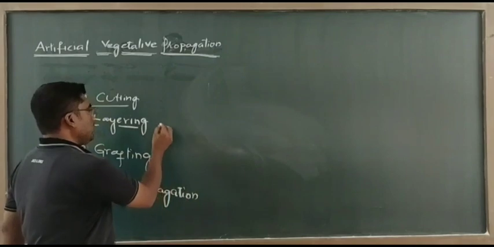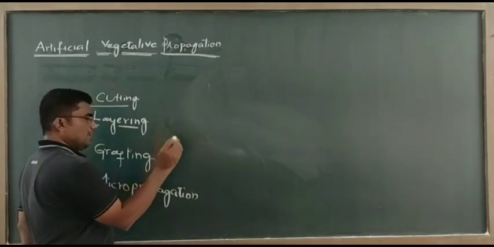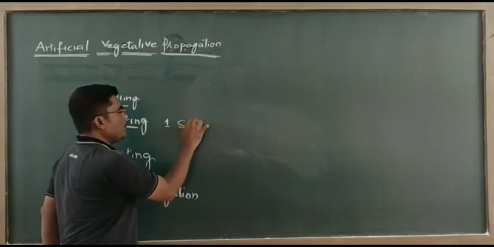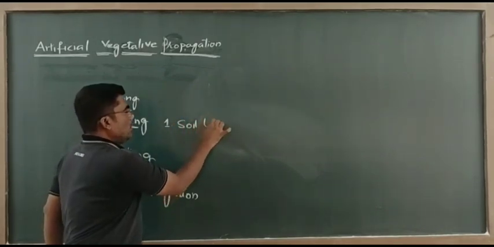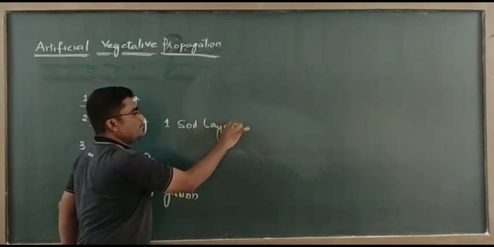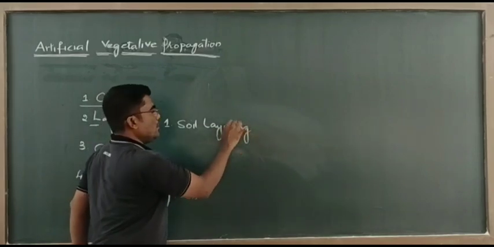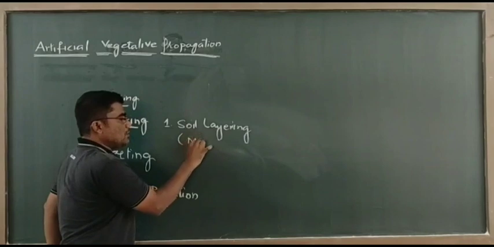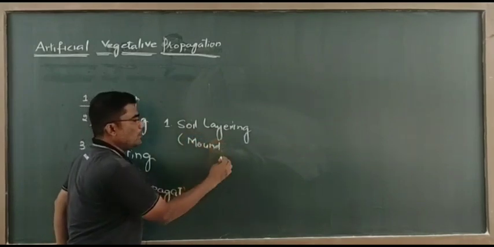There are two types of layering. One is soil layering. This soil layering is also said to be mound layering.